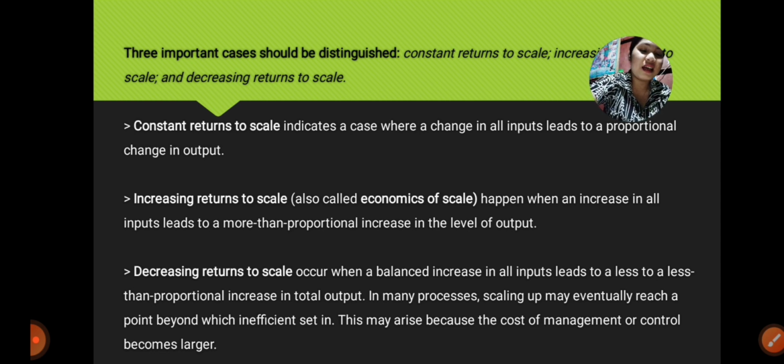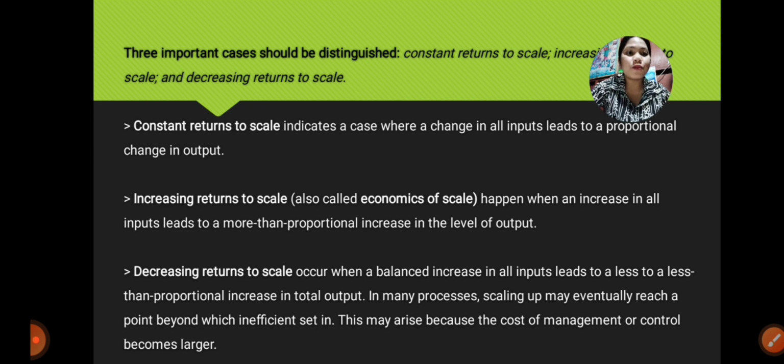And in the last case, the decreasing return to scale, it occurs when a balanced increase in all inputs leads to a less than proportional increase in total output. In many processes, scaling up may eventually reach a point beyond which inefficiency sets in.